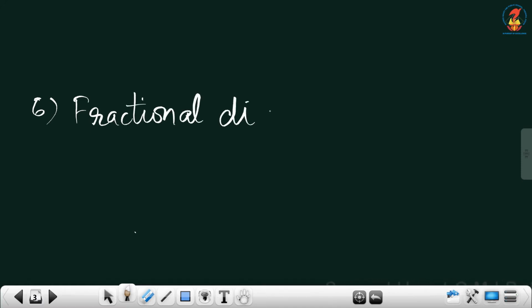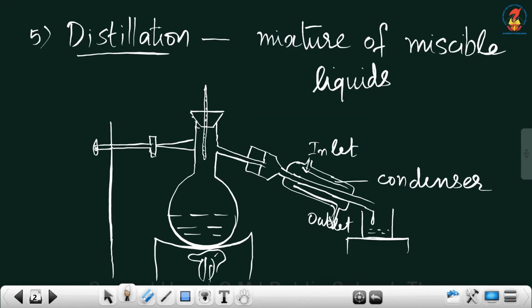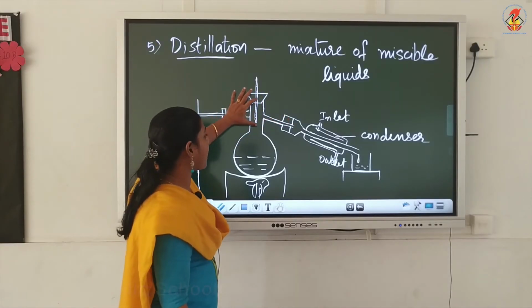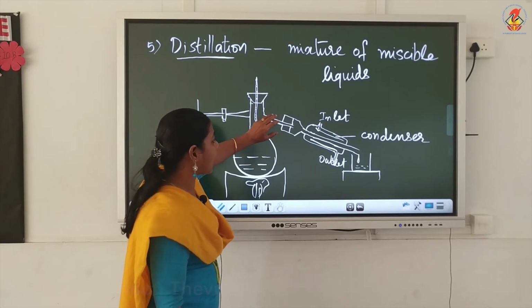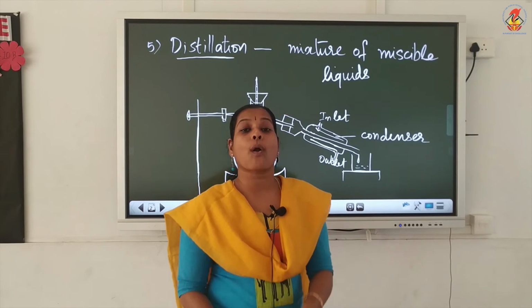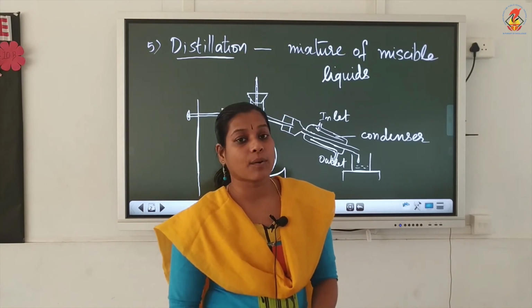Fractional distillation. In that method, there will be only a slight change in the apparatus setup. Between the round bottom flask and the condenser, a fractionating column will be inserted. That is the only change.